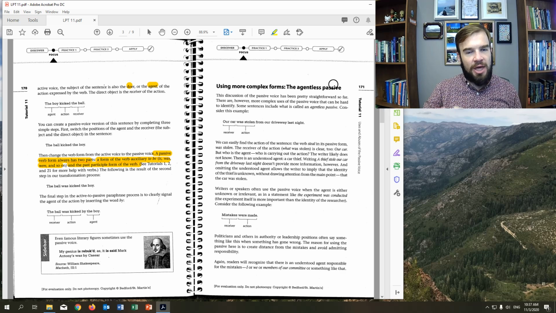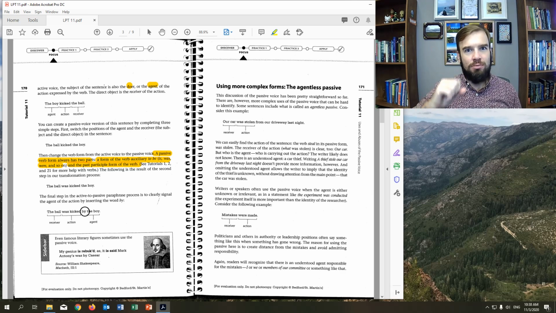Then we need to make that into passive voice by adding the auxiliary form of the be verb and using the past participle. So kicked becomes was kicked, right? And then you also have to have the preposition by, right? So if that doesn't make sense, pause this, rewind, look at page 170. Before we talk about when and where to use the passive voice, you have to understand how to make it.